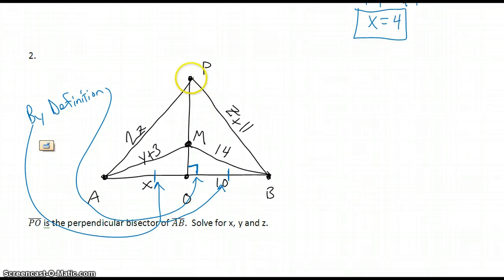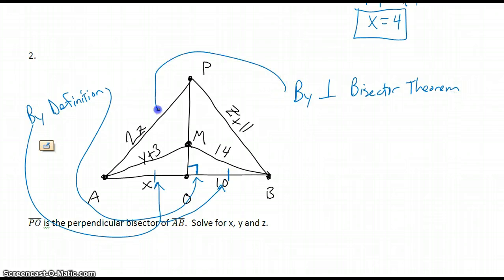And if we look, P and M are both on the perpendicular bisector. So by the perpendicular bisector theorem, AP is going to be congruent to BP. And M is also on the perpendicular bisector, so AM is going to be congruent to MB.